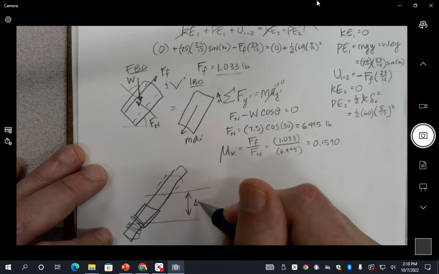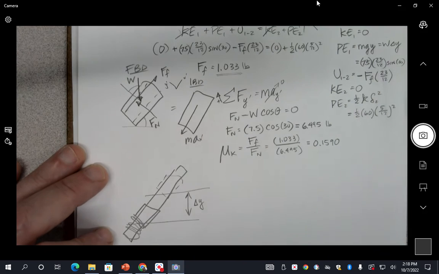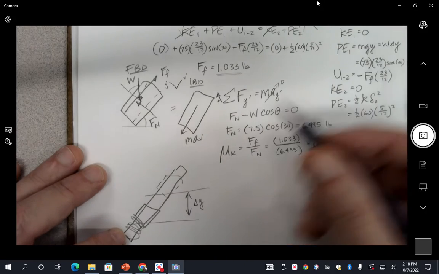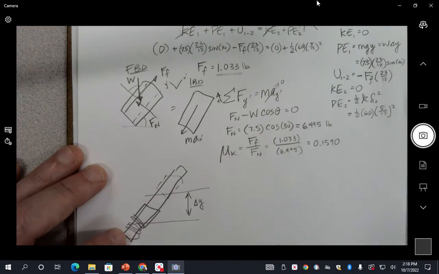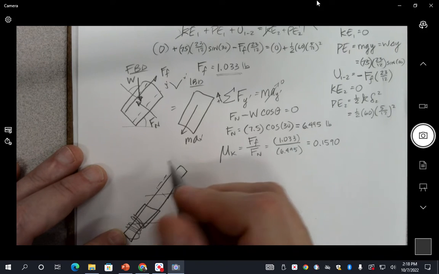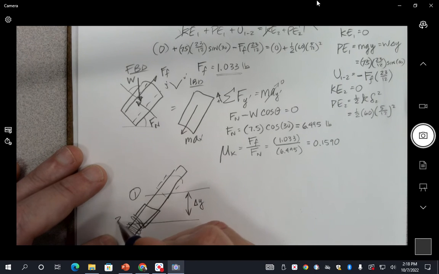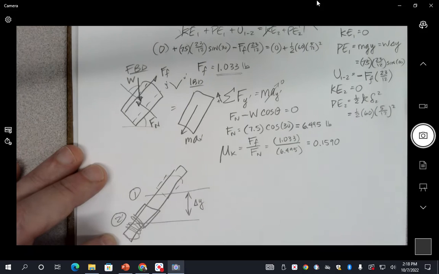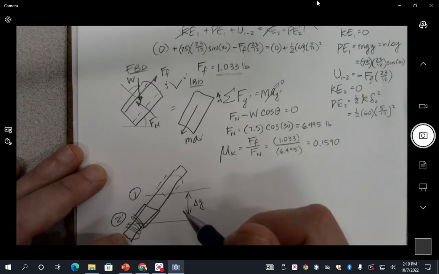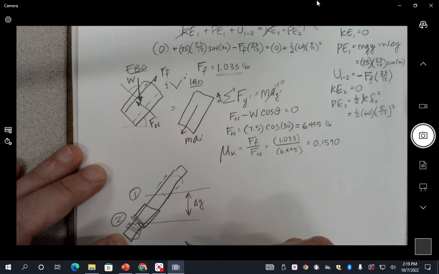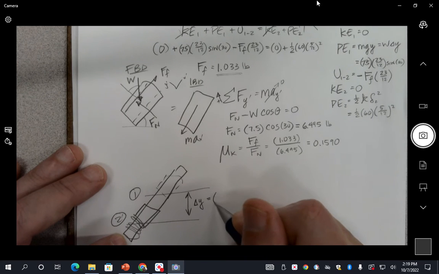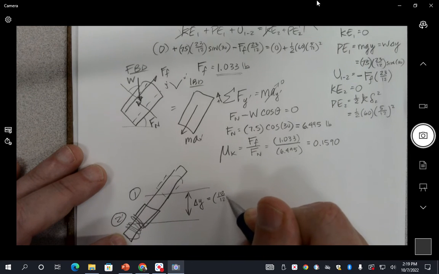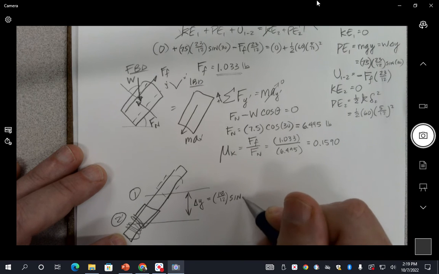And now this delta y is going to be different. This is actually happening before state 2, so I'm going to renumber. This is still state 1, but this is the new state 2, the state 2 that happened before the previous state 2. So this is simply going to be 18 divided by 12 sine of 30.